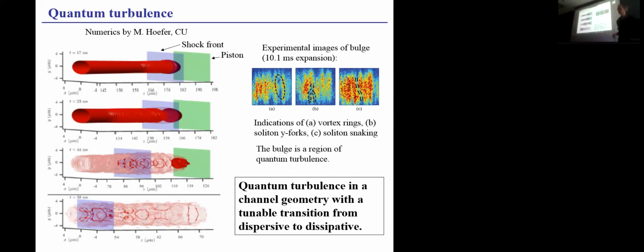Are there imaging techniques that one can, in principle, use in real time to transfer the numerics to experiment? Is there some absorption or something? Because the density contrast, I guess, is pretty high. Yeah, it's also a problem of the imaging resolution. In Barenghi's group, they first took a BEC and then shook it in all kinds of dimensions to excite some turbulence, and then they did expansion images.